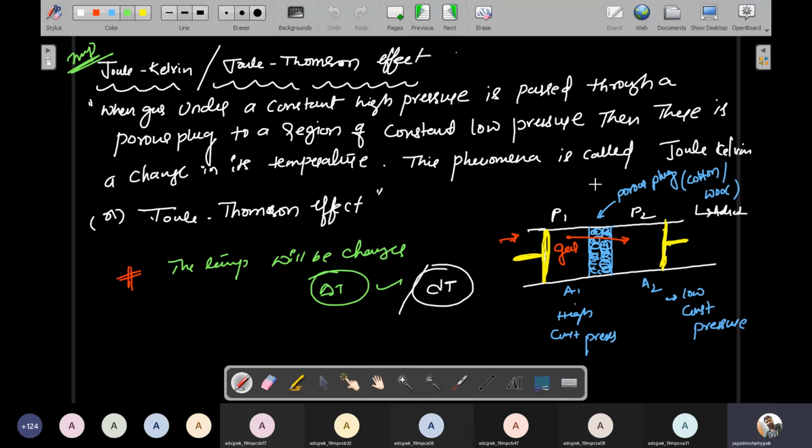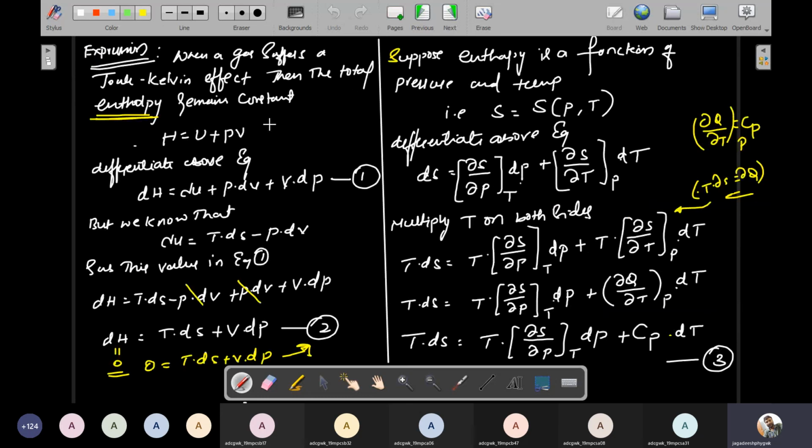At the microscopic level, we deal with this system. That is why when a gas suffers a Joule Kelvin effect, the total enthalpy remains constant. In microscopic view, the entropy of the gas is considered to be the enthalpy of the gas. So enthalpy remains constant.